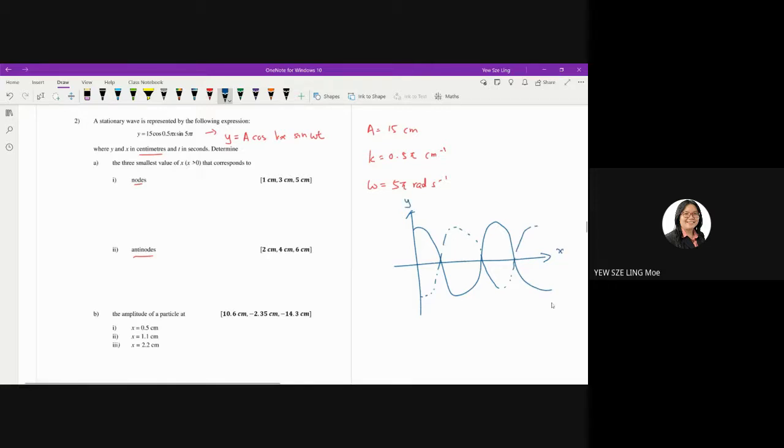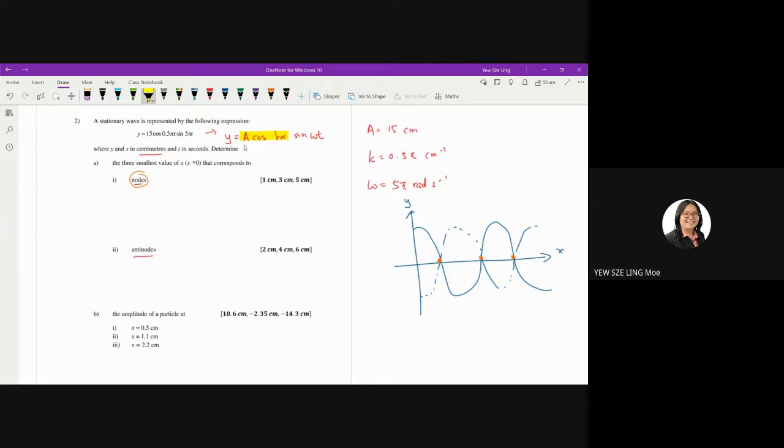If you look at this graph, what happens right here is that at the positions of nodes, the displacement of the amplitude is equal to 0. So this is the equation that we're going to use. We use A cos kx to determine the positions of nodes, because it happens when your particle's vibration is equal to 0.